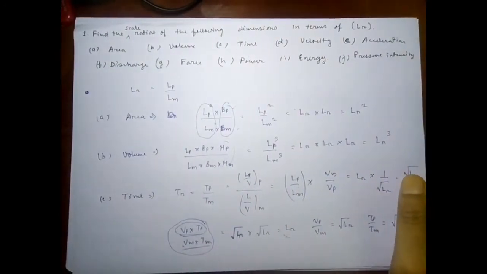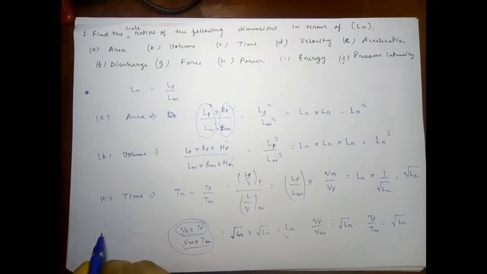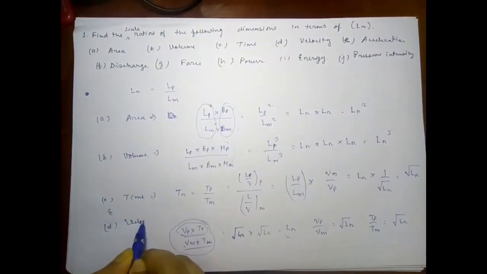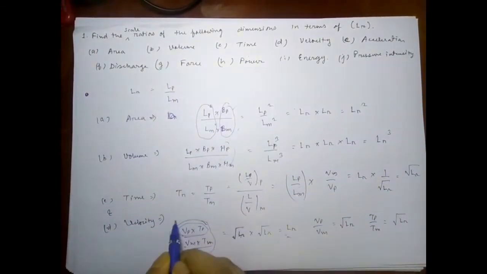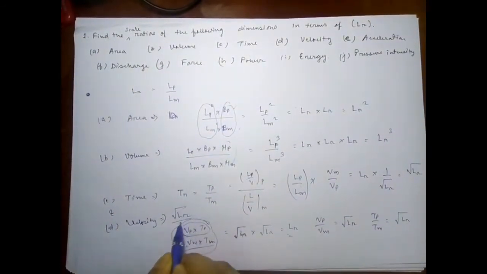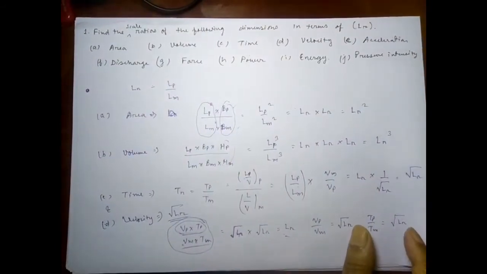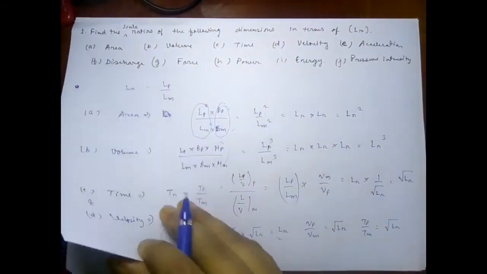Similarly, for both time and velocity we will have square root of LR. So next we have the acceleration. Acceleration can be written as velocity upon time, right?